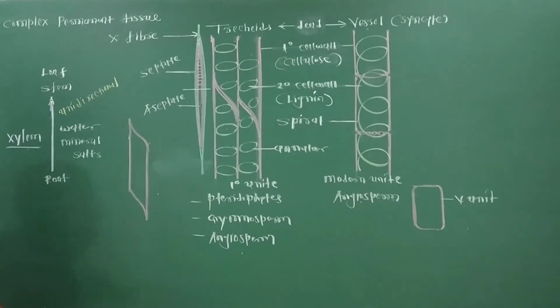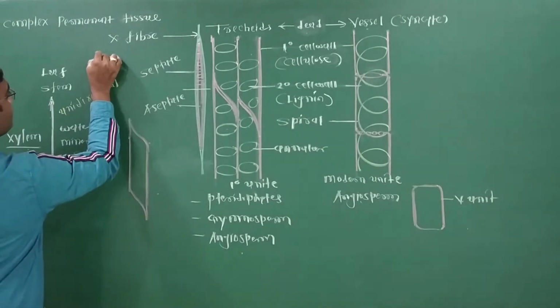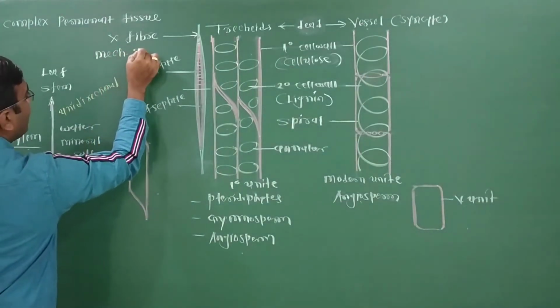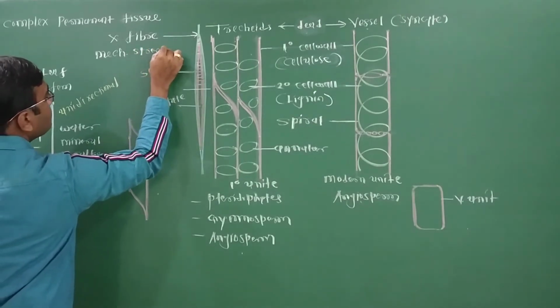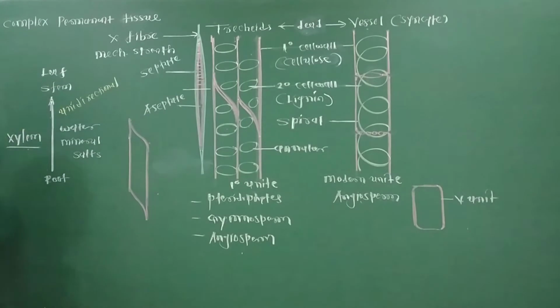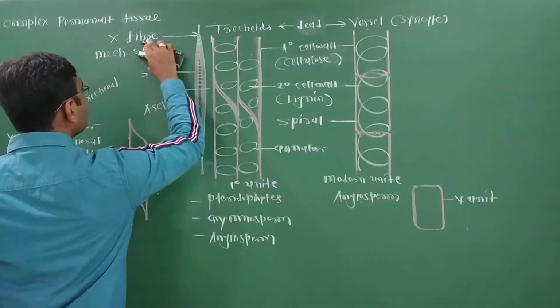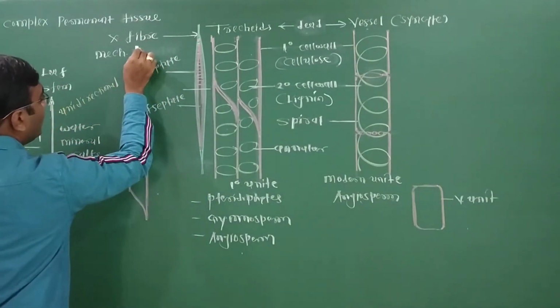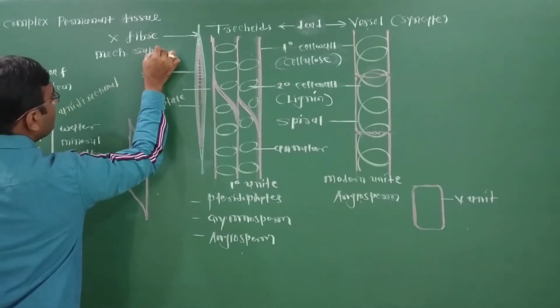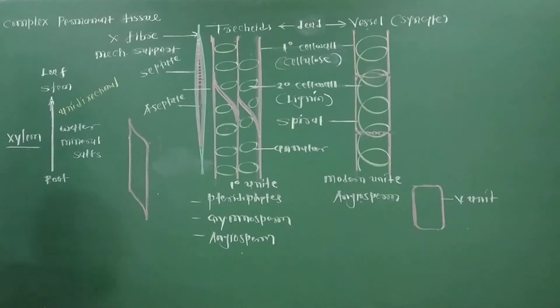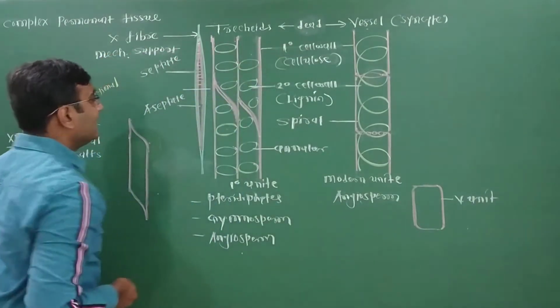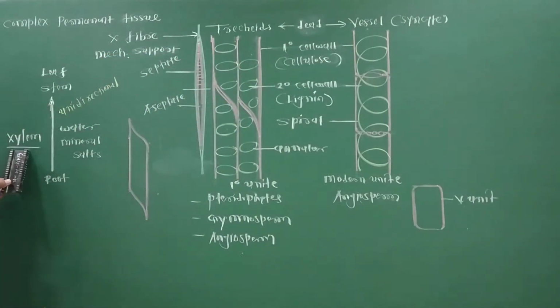As the xylem fiber provides mechanical strength and support to the tracheid and vessel, ultimately the xylem provides mechanical support to the entire plant.